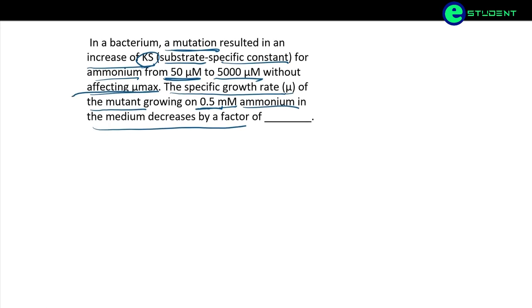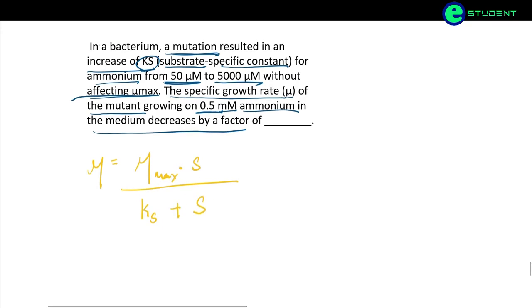Okay, so that formula is mu equals mu max into substrate divided by Ks plus substrate. Here mu max is given as constant, for ammonia without affecting mu max, so we will take this as 1.